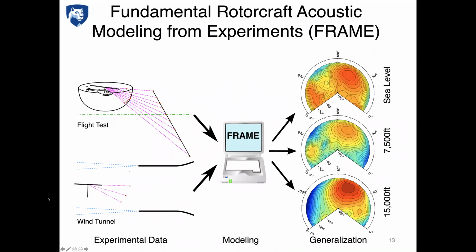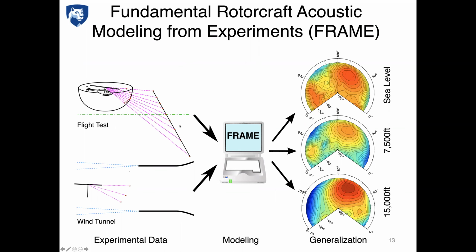If we do need more data, there's another approach I developed called Fundamental Rotorcraft Acoustic Modeling from Experiments, or FRAME. The general idea is that we could take some experimental data, again non-dimensionalize it, and then use that to inform a physics-based model using a parameter identification technique, which we can then apply to generalize that data.